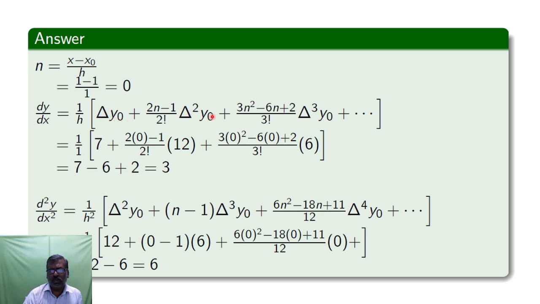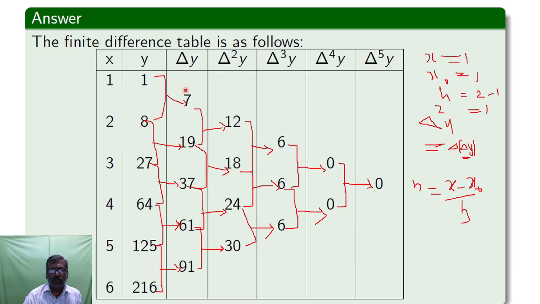Delta squared y naught means from delta squared y you get the first value. Then from delta cube y you consider the first value. So from each column, from delta y onwards, you select the first value, y naught, that means the first y value.